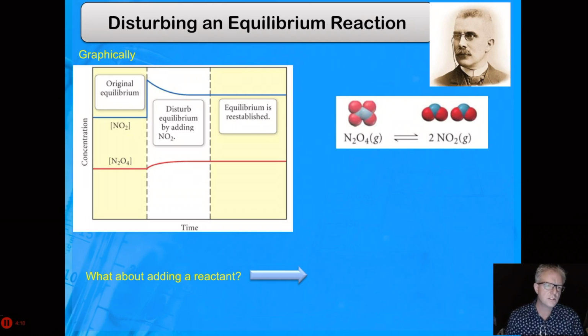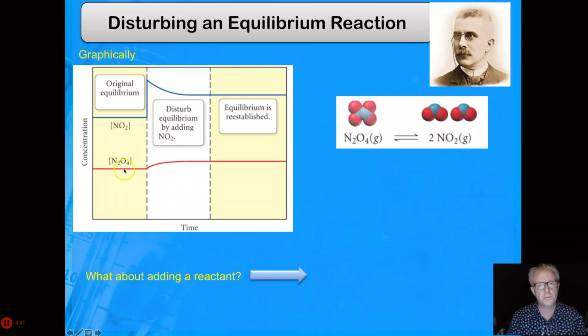So let's look on the left-hand side there. In the original equilibrium, the blue line is nitrogen dioxide, and the red line is the dinitrogen tetroxide. So the red is the reactant, which you can see on the right-hand side of the screen. Now, if we add a chemical, you're going to notice a sharp peak.